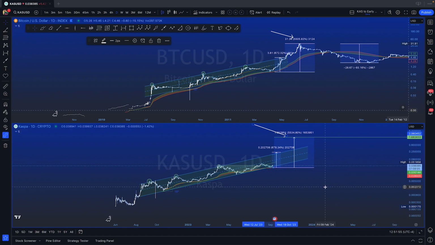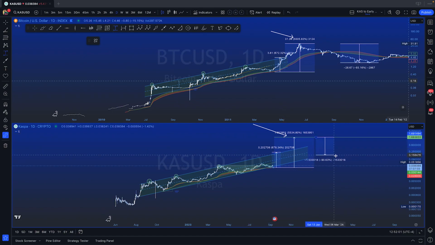What if we got to a little over $1.50 and then we had a 93% pullback? Where would that put us? Look at this. We'd still be above where we are now. We'd still be at 10 cents. So these prices are kind of a steal.